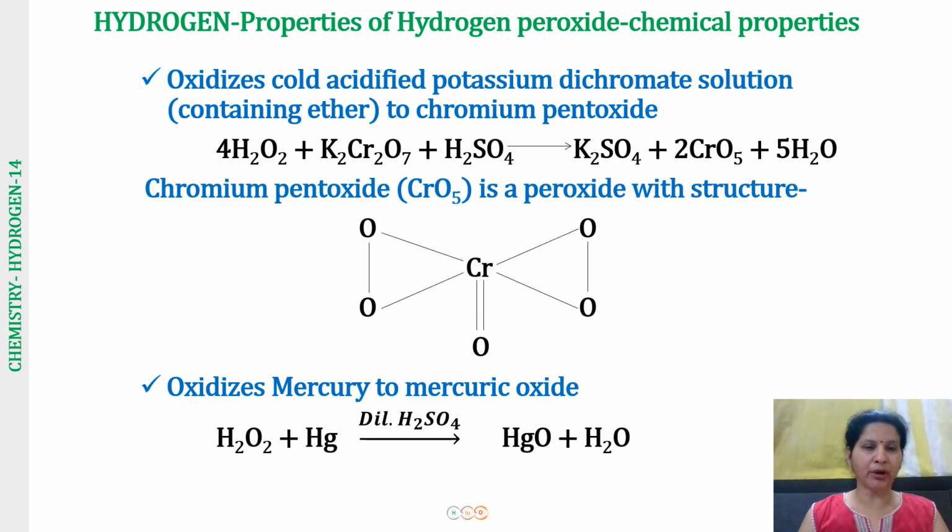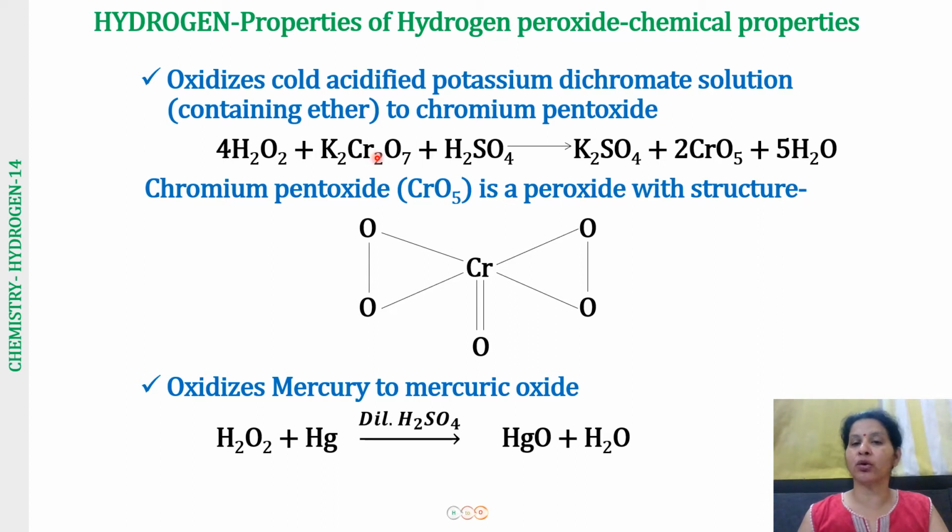Next, a very important reaction in the acidic medium. It oxidizes cold acidified potassium dichromate solution containing ether to chromium pentoxide. So H2O2 reacts with K2Cr2O7, that is potassium dichromate, in presence of an acid to form potassium sulfate. Potassium reacts with sulfate to form potassium sulfate.